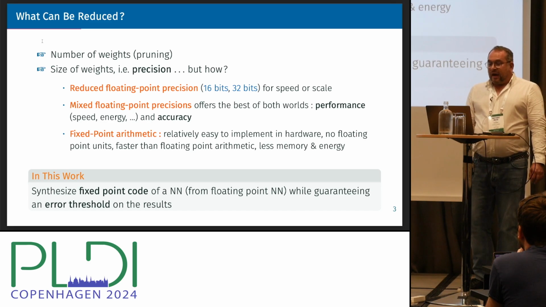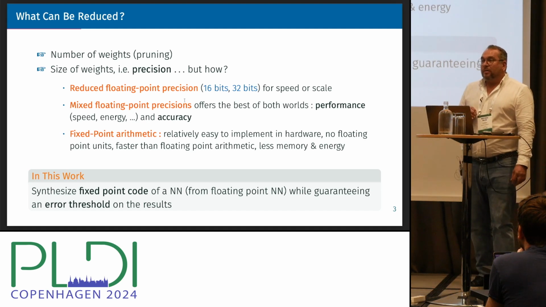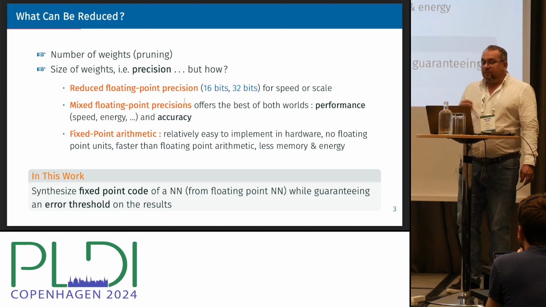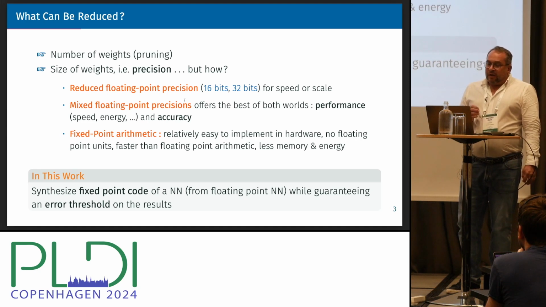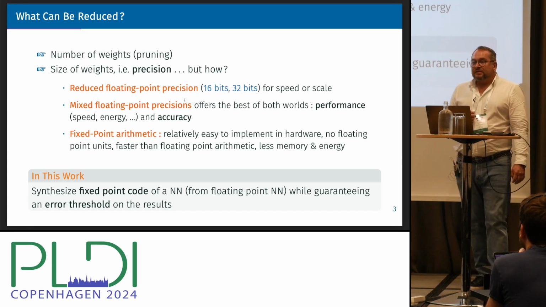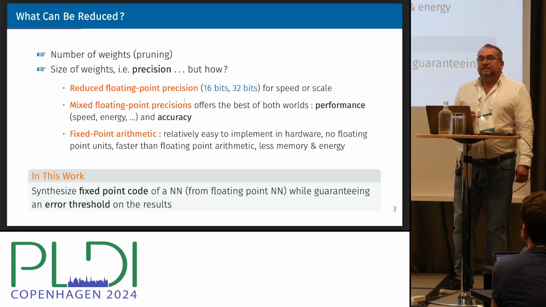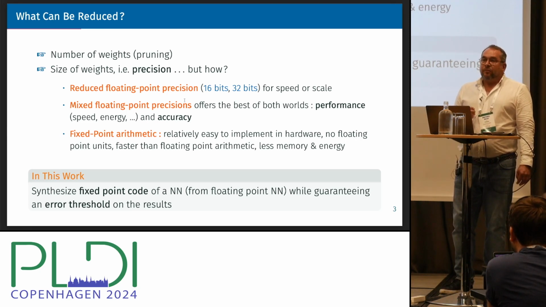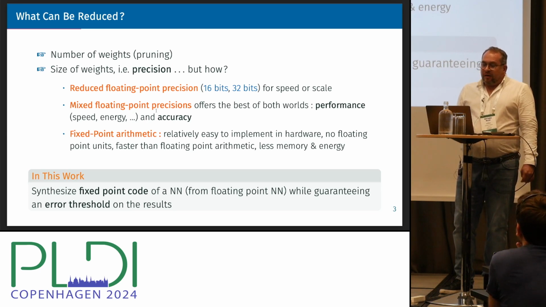You can either reduce the precision of all the parameters, using, for example, values on 16 bits or even less. You can also do mixed floating point precision, and there are a lot of libraries integrated into TensorFlow or other libraries to do that.